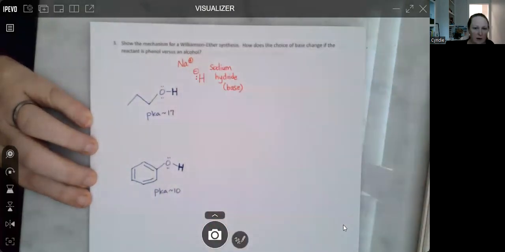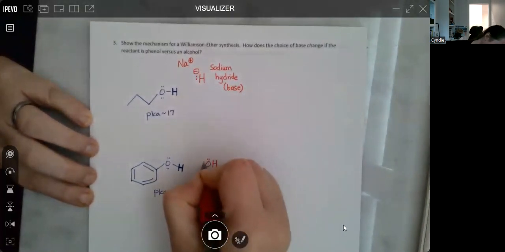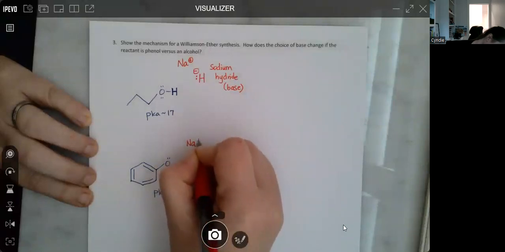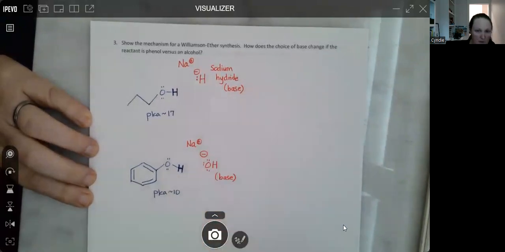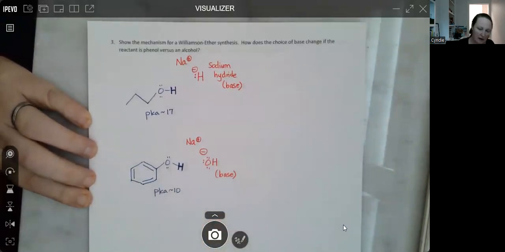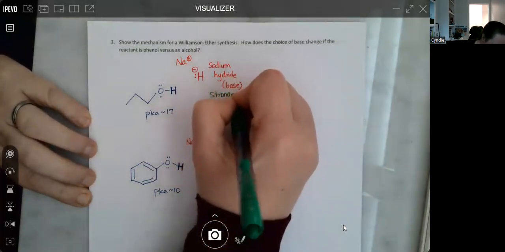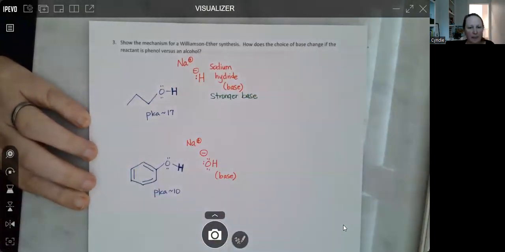It's a much stronger base than sodium hydroxide. So we require a stronger base for the weaker acid.